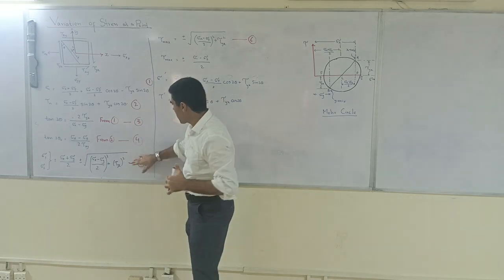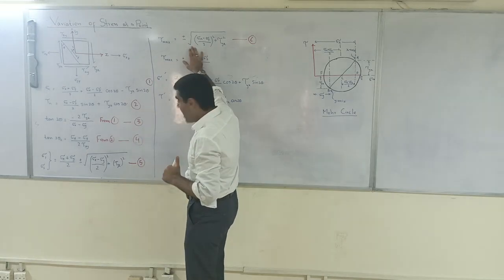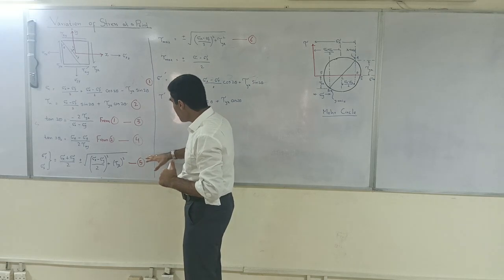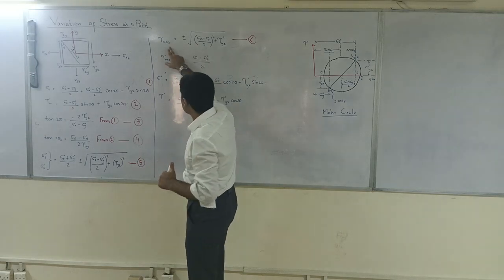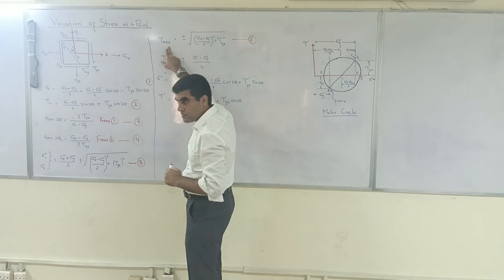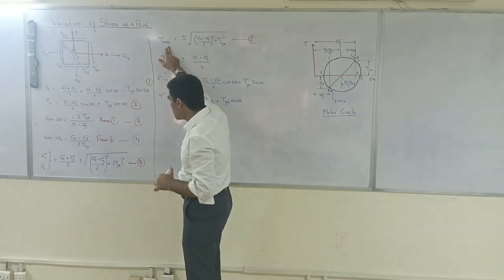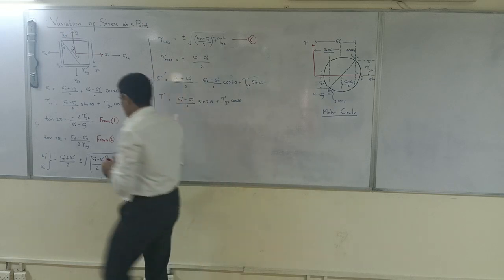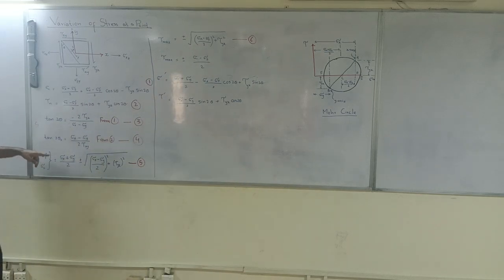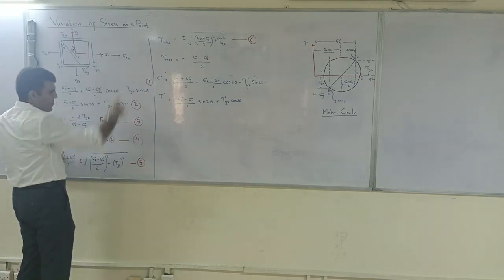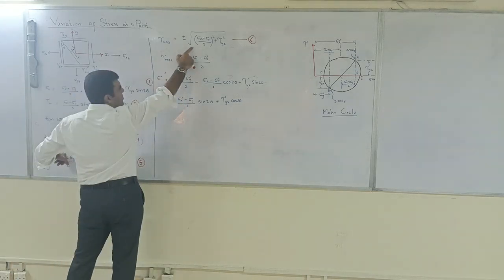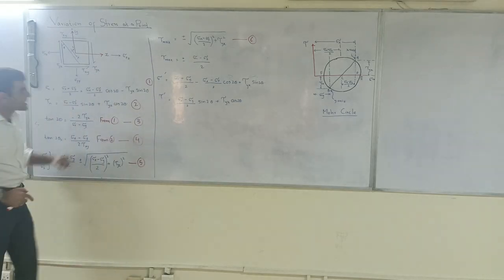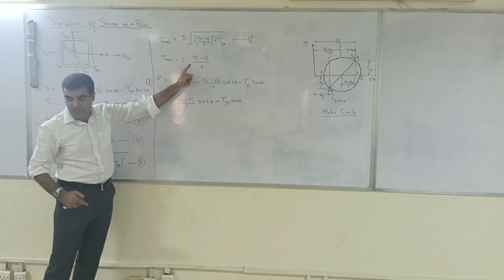So these are the two equations which we get. Now, once we get that, you can see that tau max, what is tau max? Tau max is also equal to, if you add from 5 and 6, you can see that tau max is also equal to stress 1 minus stress 2 divided by 2.